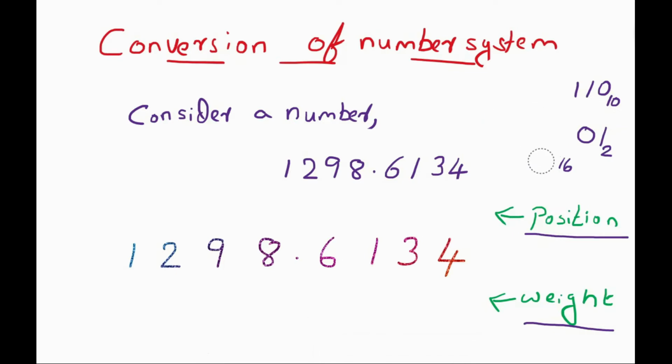There is also another way for mentioning the base. For example, consider a number 100. If it is a binary number, usually we write the base 2.